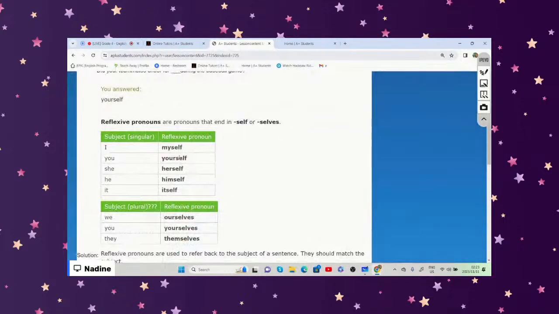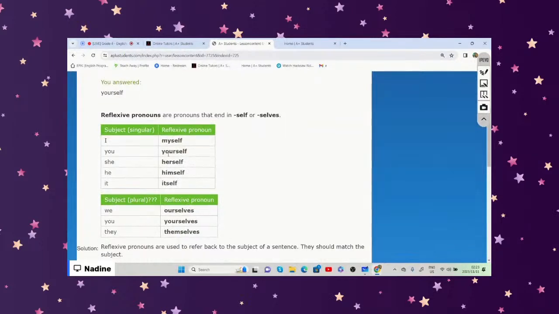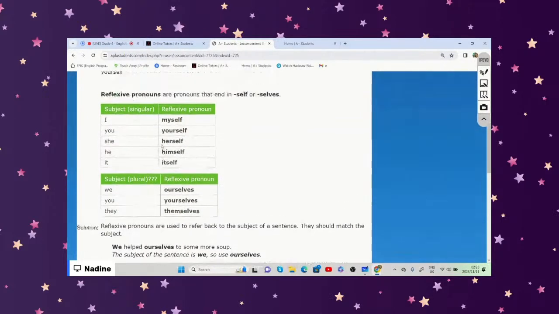Once again, if you look at this description, it says reflexive pronouns are pronouns that end in self or selves, which we basically have explained. There we have the singular subjects as well as the reflexive pronoun that refers to that singular subject. And then we have the plural subjects, referring to more than one person, and the reflexive pronouns which refer to those people.